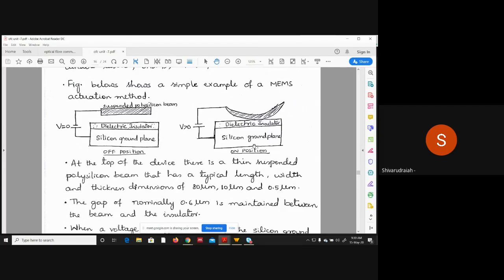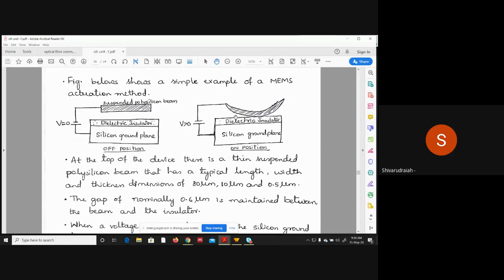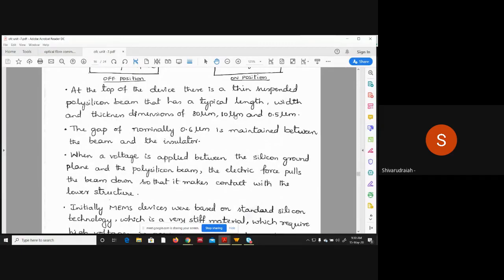This happens only if you apply a voltage greater than zero between the ground plane and the suspended polysilicon. The polysilicon will undergo some mechanical changes because of the electric force applied between the ground plane and your suspended beam.